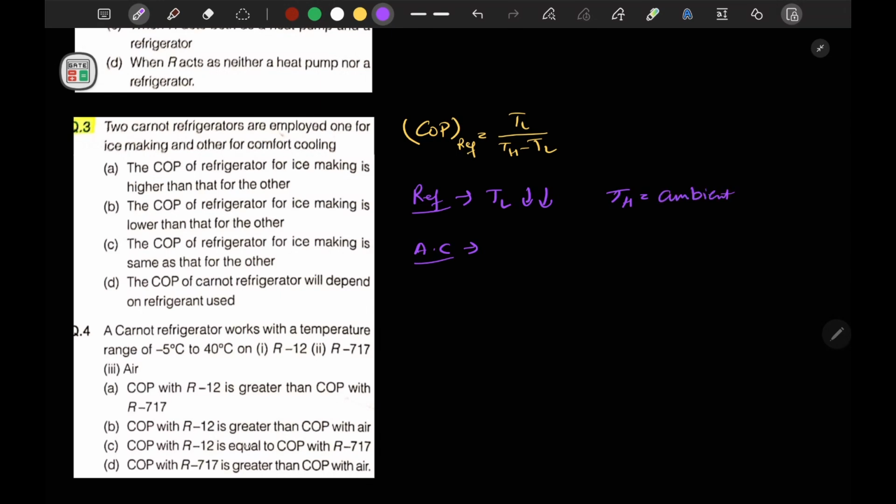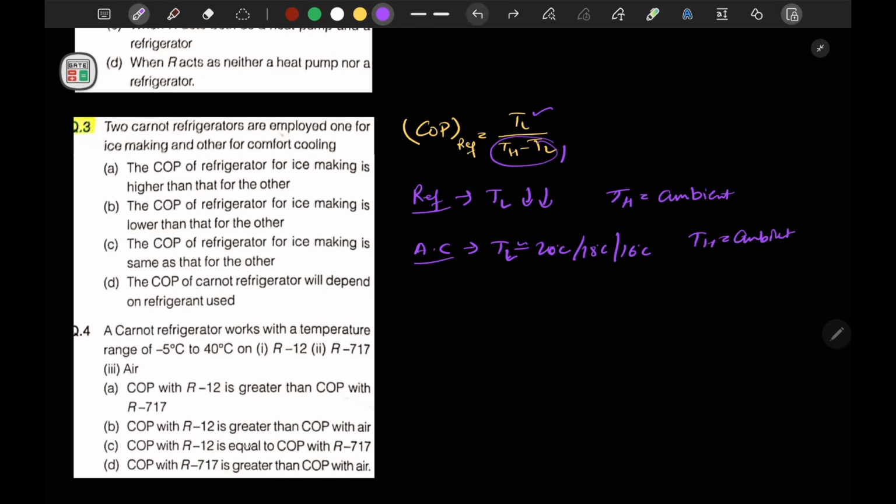Now if we talk about AC, in air conditioning working in a room, TL is generally operated at 20 degrees Celsius or 18 degrees Celsius at max, and minimum 16 degrees Celsius. And TH is still ambient. So you see here that this number is very small and this gap difference is very large.